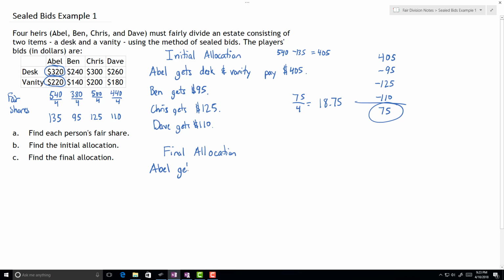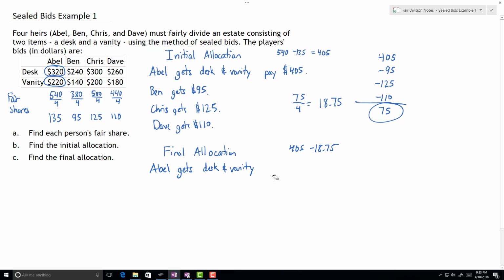So in the final allocation, we still have to see who gets what. Abel still gets the desk and the vanity. And now, instead of paying $405, he gets to take $18.75 off of that and pay $386.25.